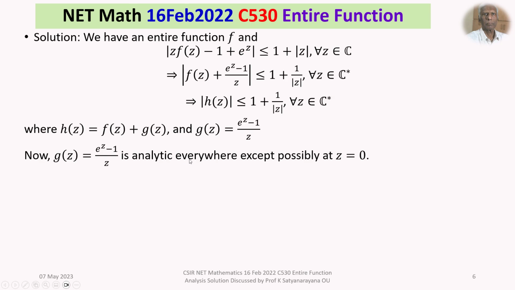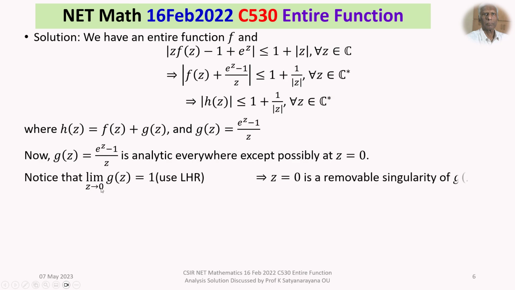Then it is analytic everywhere except possibly at z is equal to 0. We now see the limit z tends to 0 of g of z, limit z tends to 0 of (e power z minus 1) by z. As z tends to 0, the numerator takes 0 value, the denominator takes the 0 value, and hence we get an indeterminate form 0 by 0.